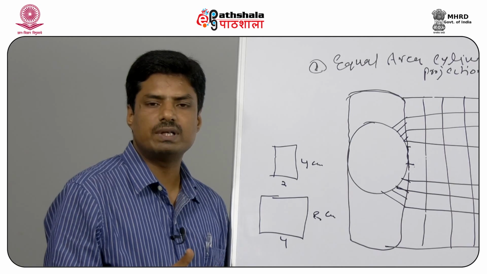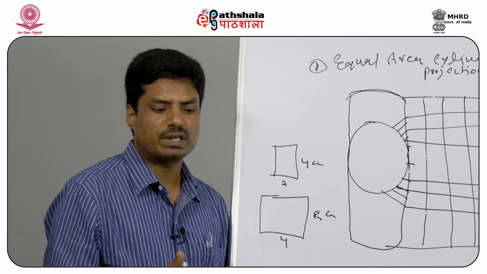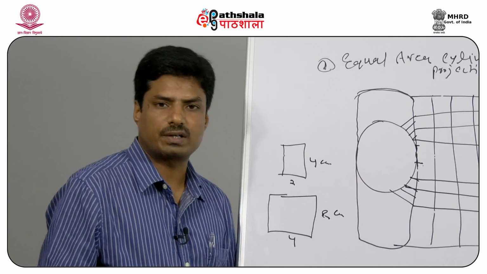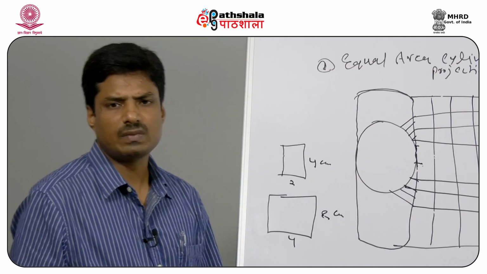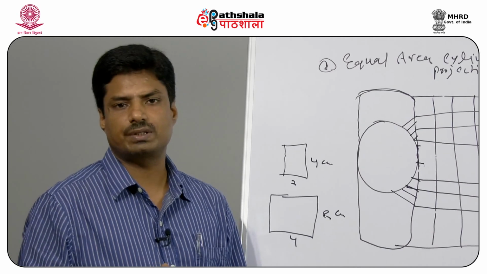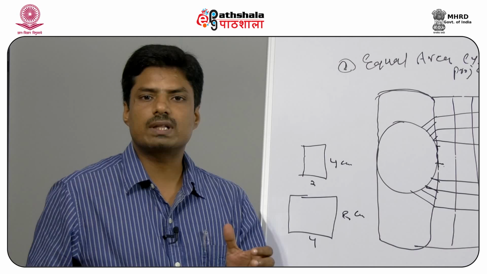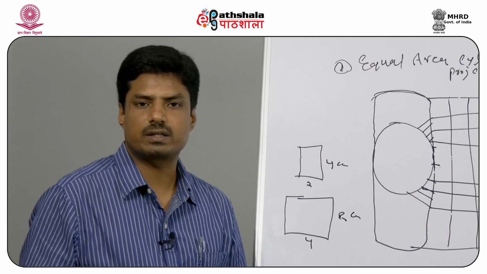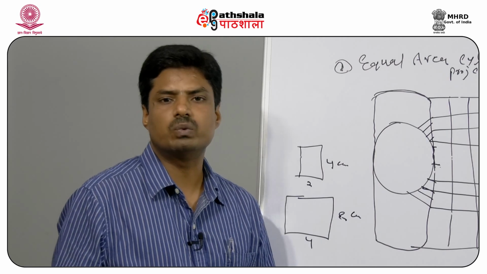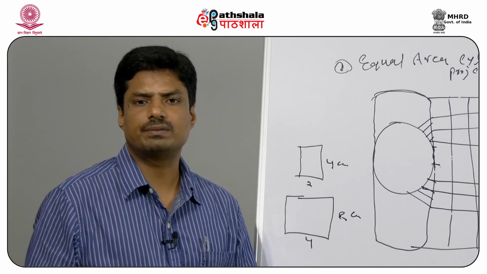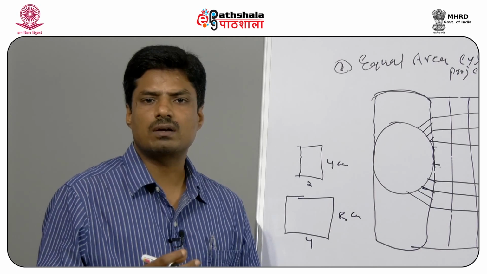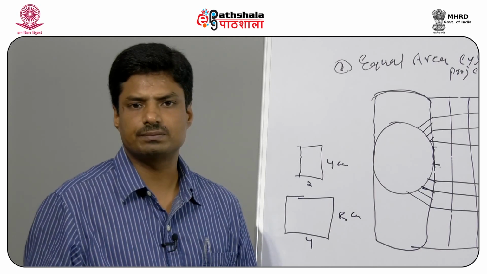And the second important feature of Mercator's projection is that it is true to the direction. Let me explain a few important things about Mercator's projection. These were the plus points of Mercator's projection. But one thing I would like to tell you, that this projection is better for the areas located near the equator.